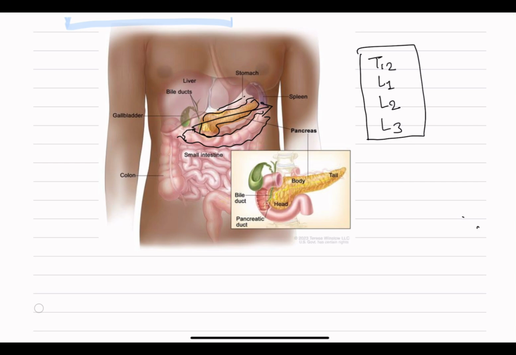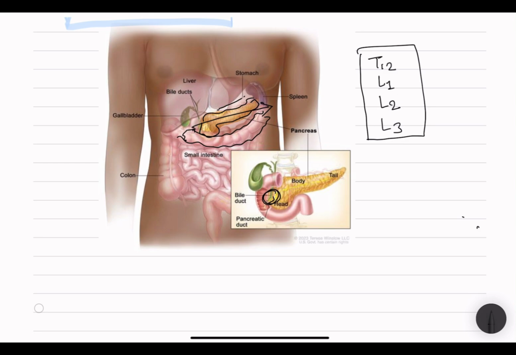And from the posterior side, from right to left, it's related to the bile duct, we can see this one, the bile duct, located posteriorly, and the portal and splenic veins we will see in the next pictures when I discuss blood supply.